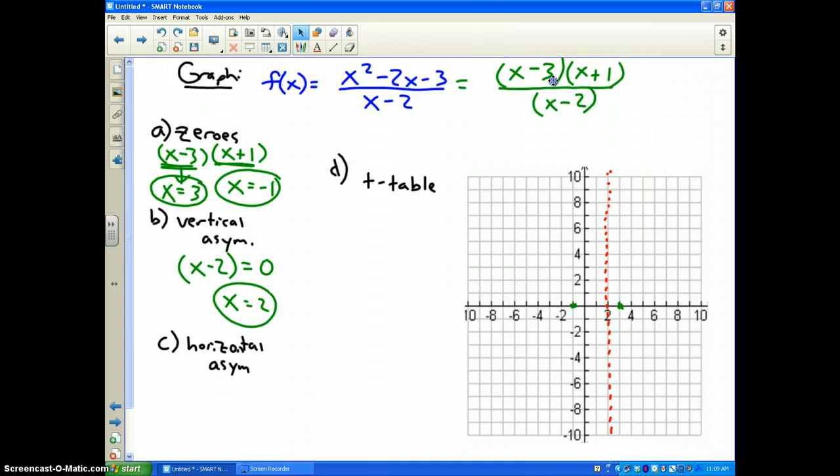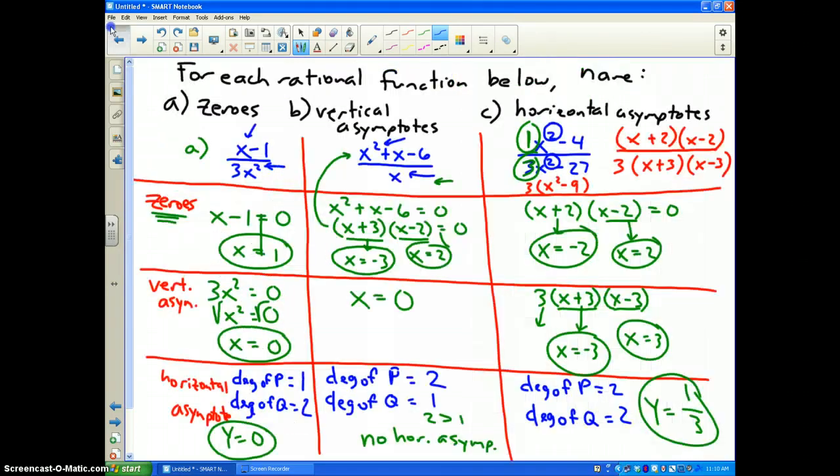Now, do we have any horizontal asymptotes? That's where we need to look at the degree of p, the degree of the numerator, which is equal to 2, and the degree of the denominator, which is polynomial q, which is this 1 right here. Okay, now I got to go back 2 slides and check my notes. I forgot.